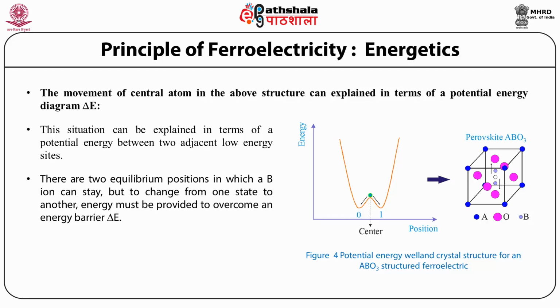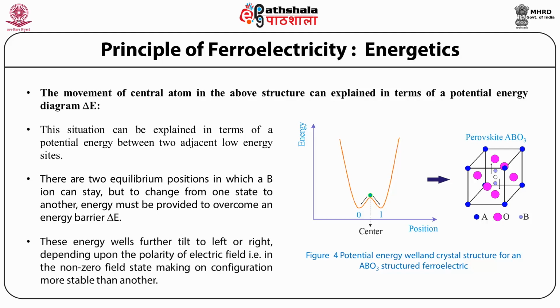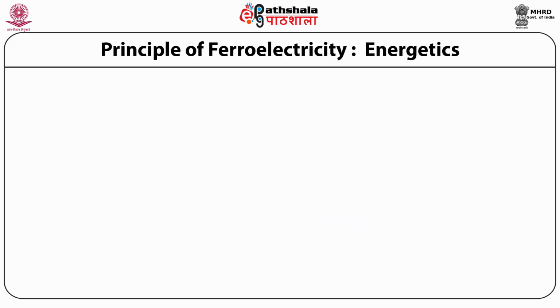There are two equilibrium positions in which a B ion can stay, but no change from one state to another occurs, and energy must be provided to overcome an energy barrier, that is delta E. These energy wells further tilt to the left or right depending upon the polarity of the electric field, that is, in the non-zero field state, making one configuration more stable than the other.